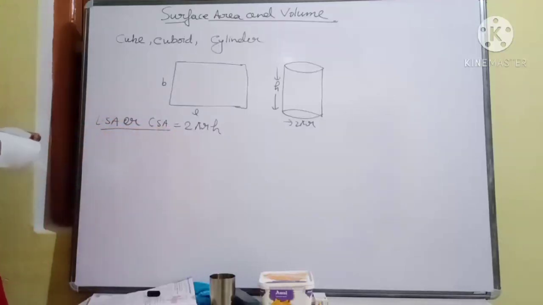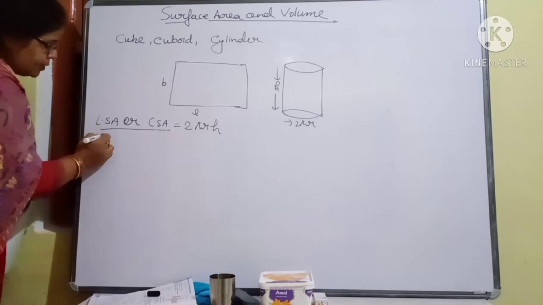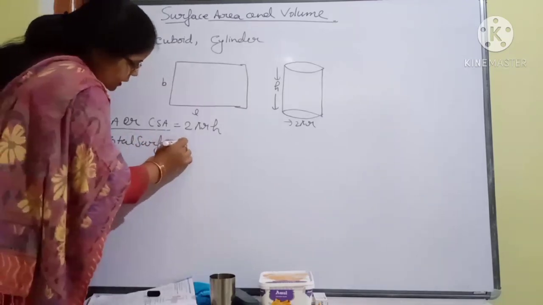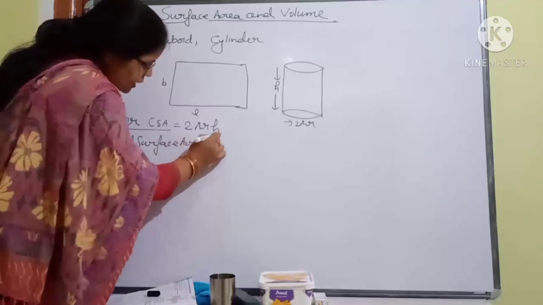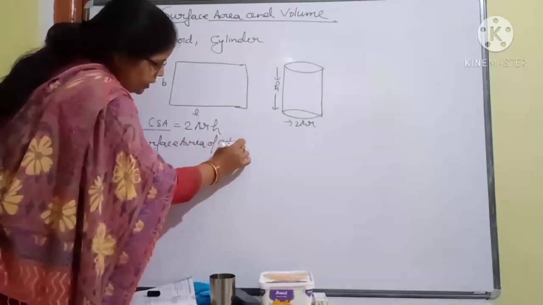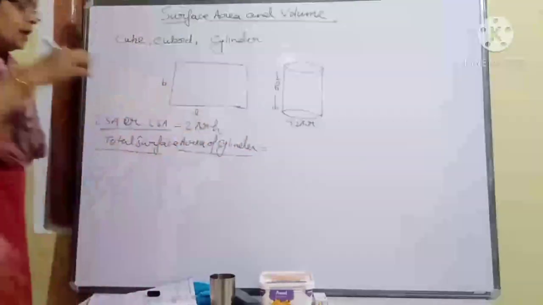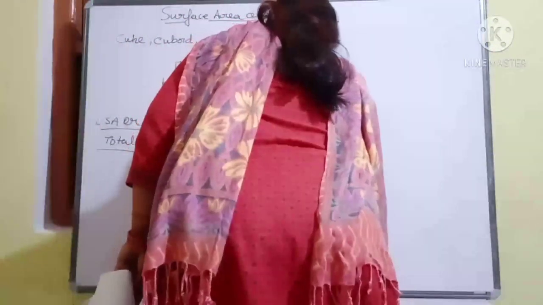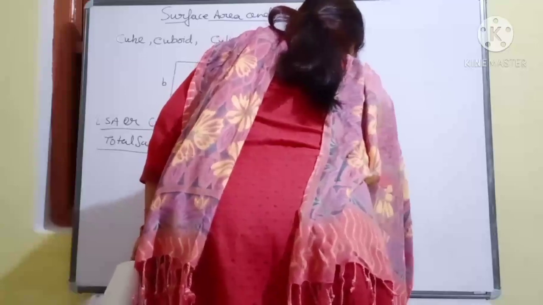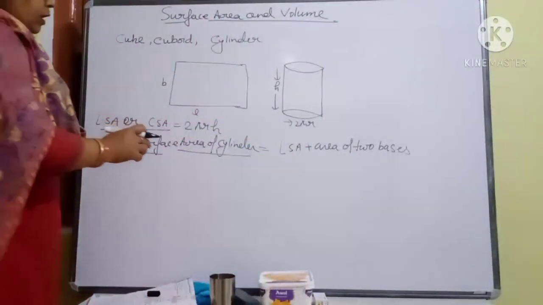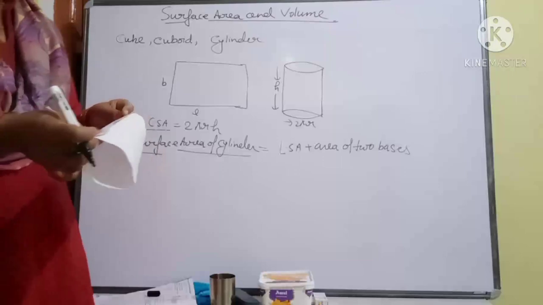Now the second thing, total surface area. Total surface area of cylinder is equal to lateral surface area plus area of two bases. Now see, what is the formula for lateral and what is the shape of the bases?